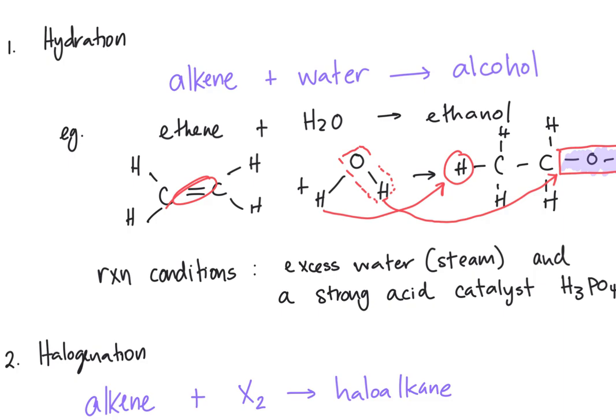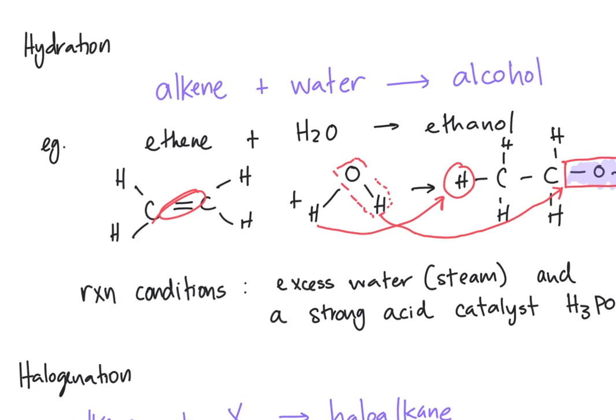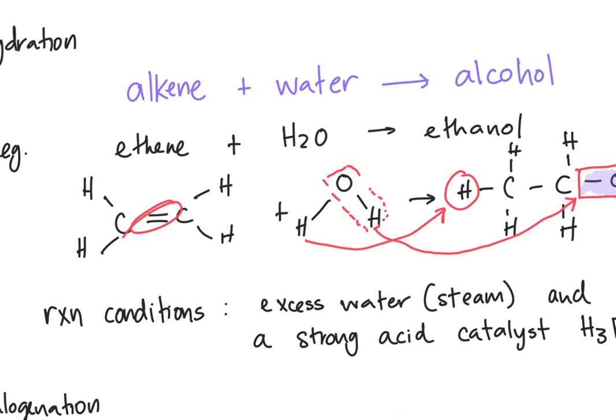All we do is indicate above the arrow the acid, H3PO4. You indicate that acid. This is showing me the catalyst. It goes above the arrow, so you'd put it there, or you can put it there. But the catalyst must be present.